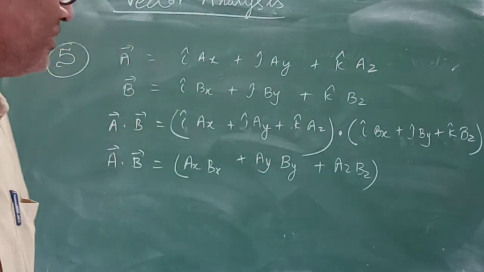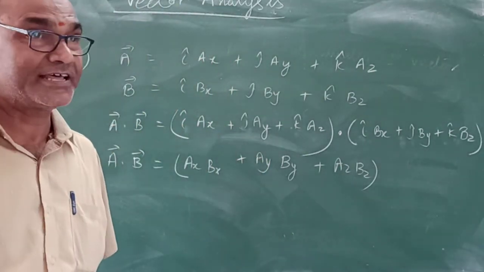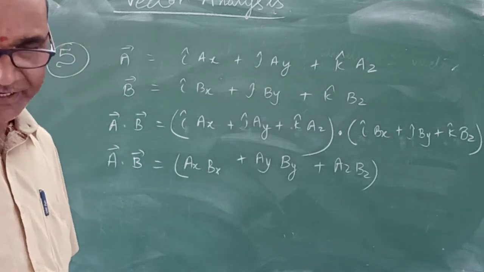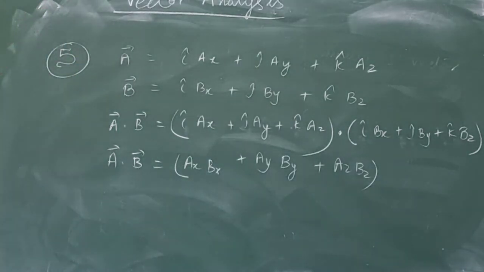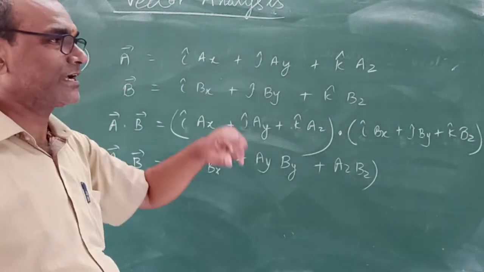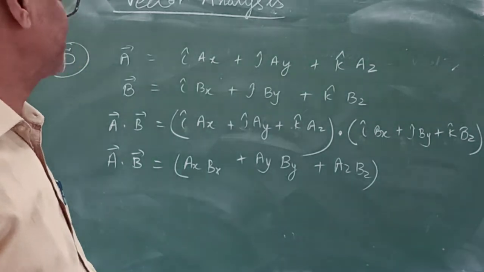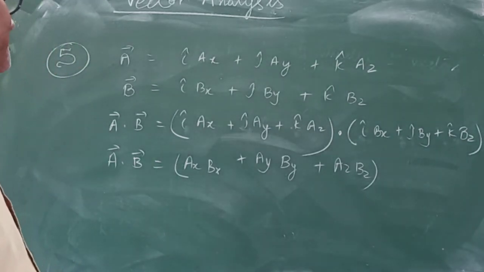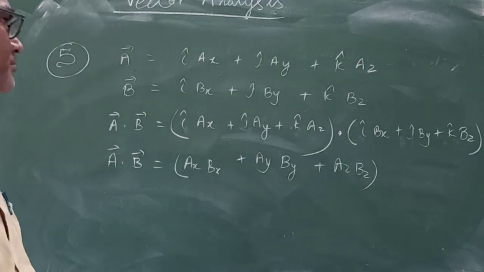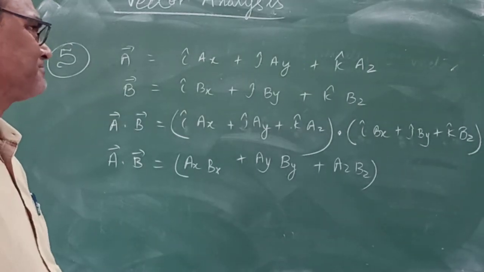Now, how can we determine the angle between the two vectors? We can write A is equal to i cap Ax plus j cap Ay plus k cap Az, and B is equal to i cap Bx plus j cap By plus k cap Bz.